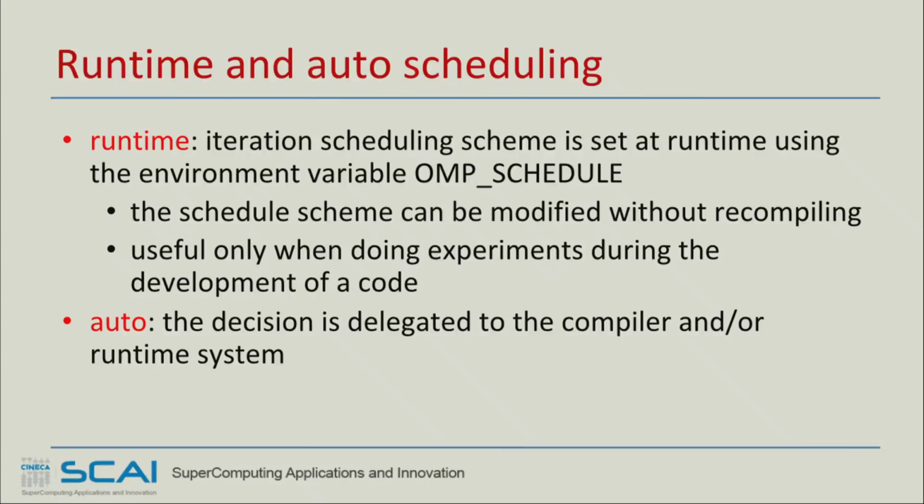This is quite important because sometimes the time to solution can change, in the cases in which you don't have all the iterations with the same weight, that can change a lot. So the idea is to check what happens when you change the schedule.